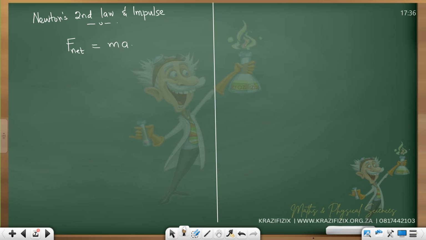That's my question. What is acceleration? Acceleration is the rate of change of velocity. That is, a is delta v over delta t. We're going somewhere.